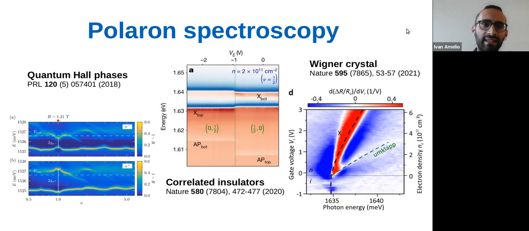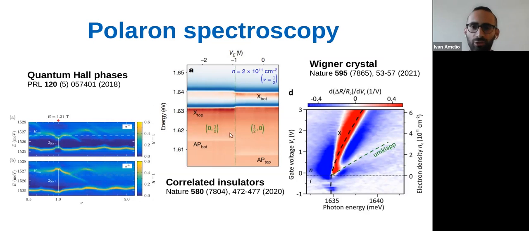In the last years, this has proved to be a very useful tool to investigate the many-body phases that one can have in materials like transition metal dichalcogenides, which have a very strong optical response, and also spin-valley locking, that helps for studying the polarization properties of a given phase.